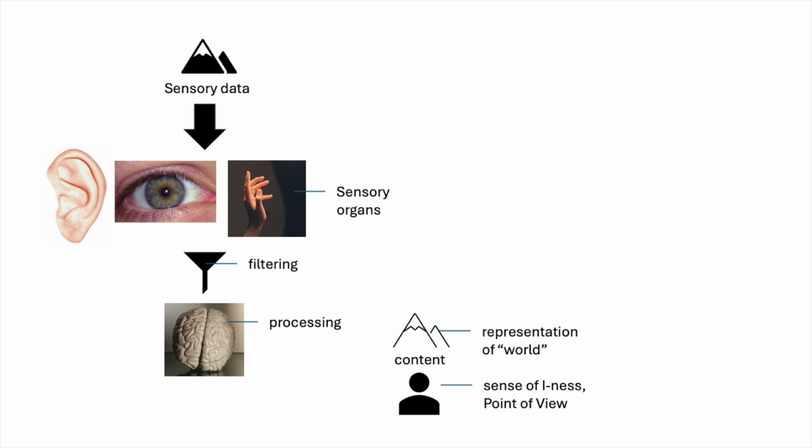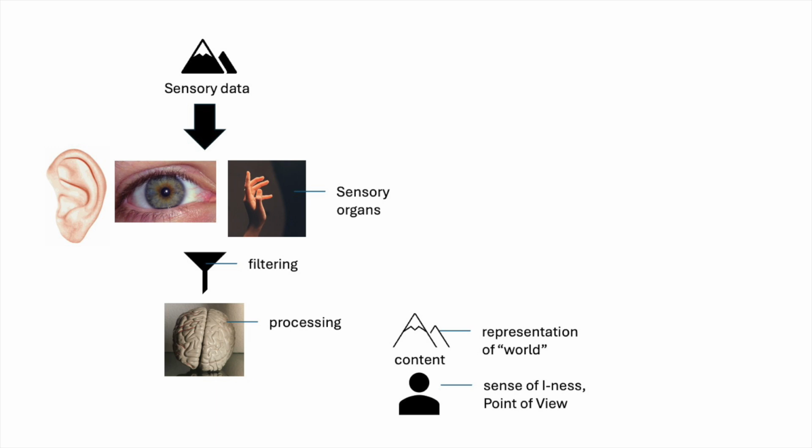Now, when that processing happens, Metzinger proposes that the content you are processing creates a representation of the world, which is indicated here by another icon of the mountain. It's a representation, it's not the real mountain, which is quite important.